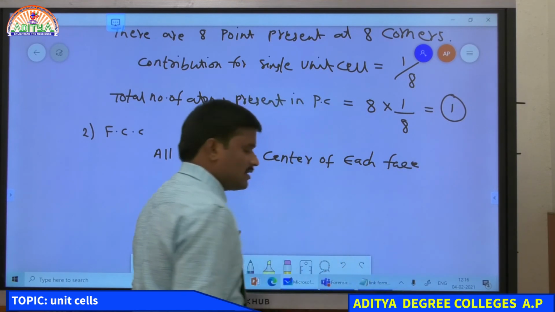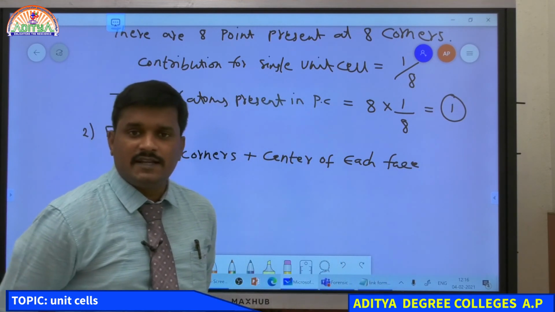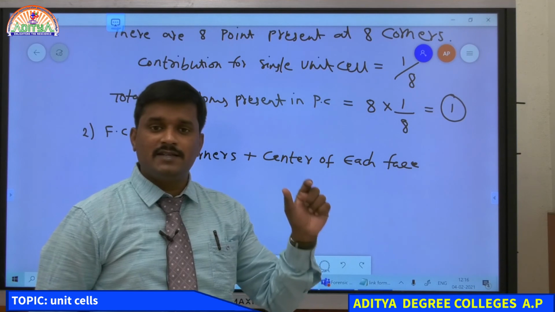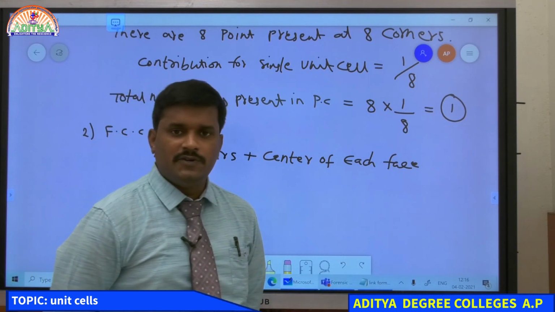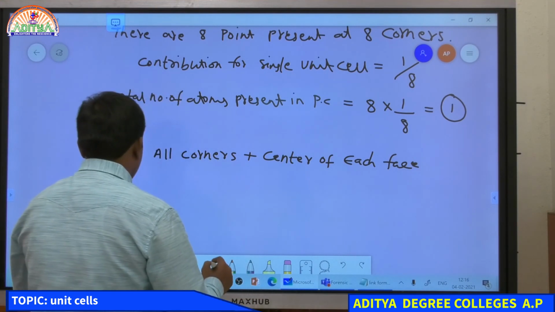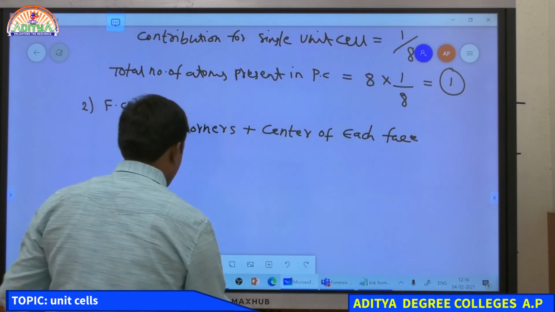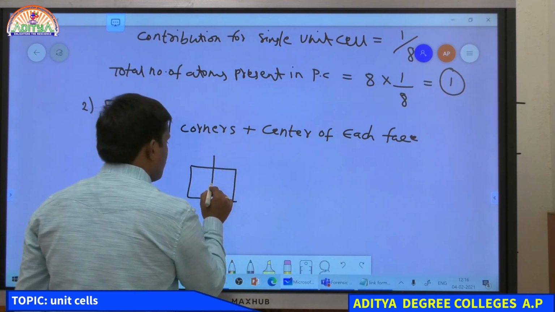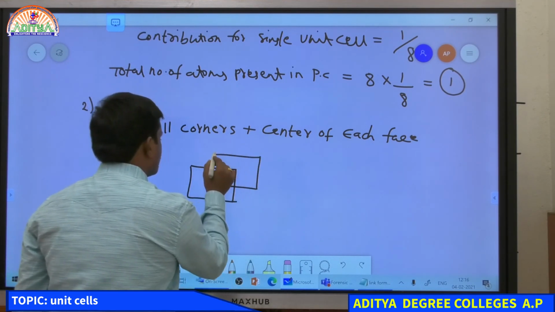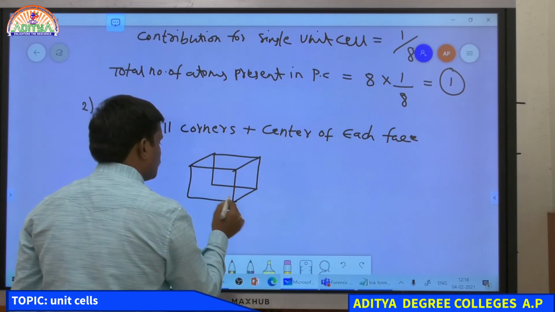Then that unit cell is known as face-centered. So the point arranged at the center of the face makes it a face-centered unit cell. So look at the crystal. This is a unit cell.